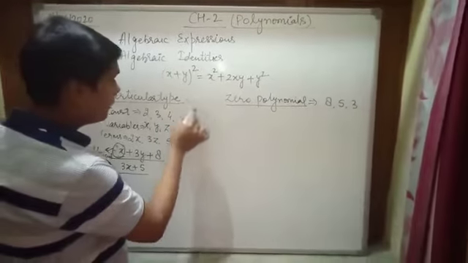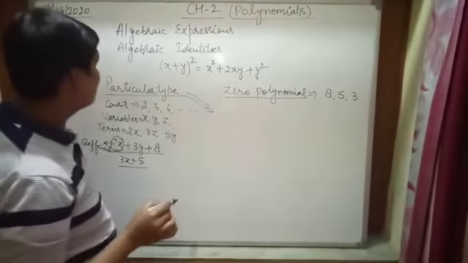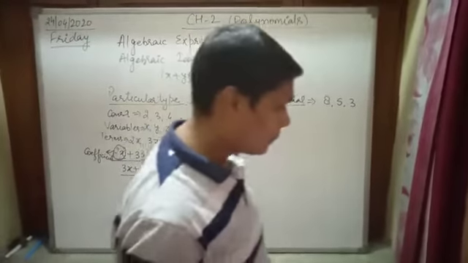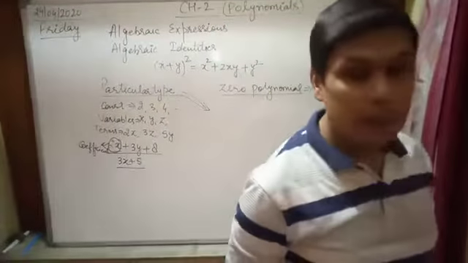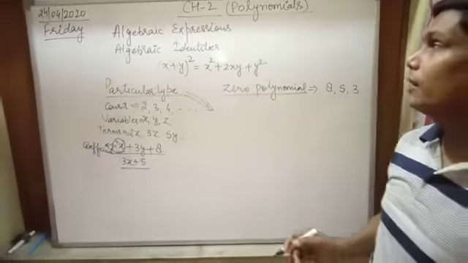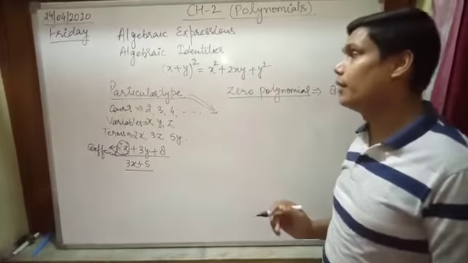Now, what is the meaning of this particular type? A particular type of algebraic expression is called the polynomial.